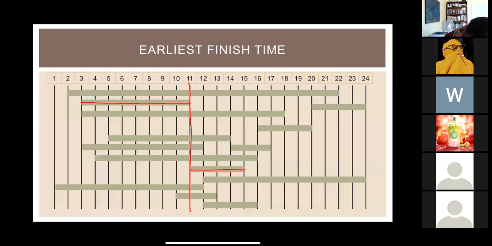Then it would pick 16 to 20, and then it would pick this. So it would end up picking these four intervals, and that does, in fact, turn out to be the optimal solution in this case.